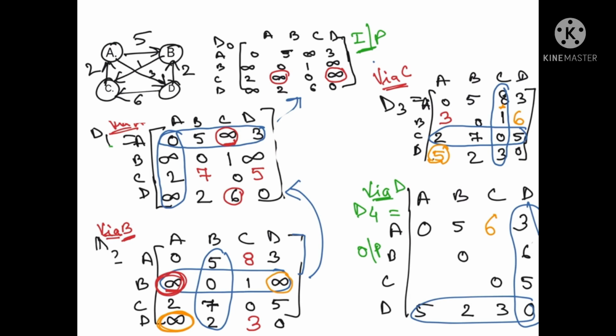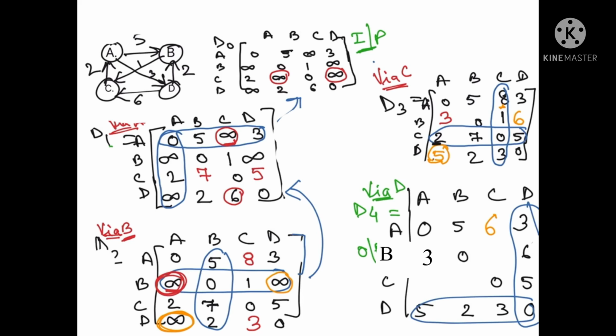Okay. Now B to A. If you observe, what could be smaller than 2? Even if you want to try, B to A directly is 2, B to C plus C to A will make 3. So obviously 2 is the smaller one, so you don't have to worry. Now B to C. B to C is 1.